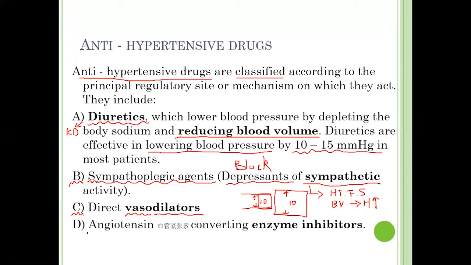Then we're talking about another one. This one should belong to hormones. We didn't especially talk about it in our endocrine system. That's a neurohormone. Just in recent years, it was found to be produced by the kidney.